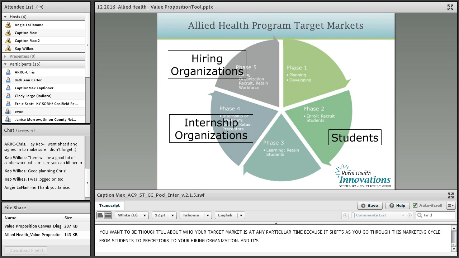And it's in thinking about these different groups of people that you are providing your services to, your curriculum, your programs, your events, we want to understand them really well when we're designing a value proposition. So it's the very first place to gain our insights and ground our thinking as we move ahead.